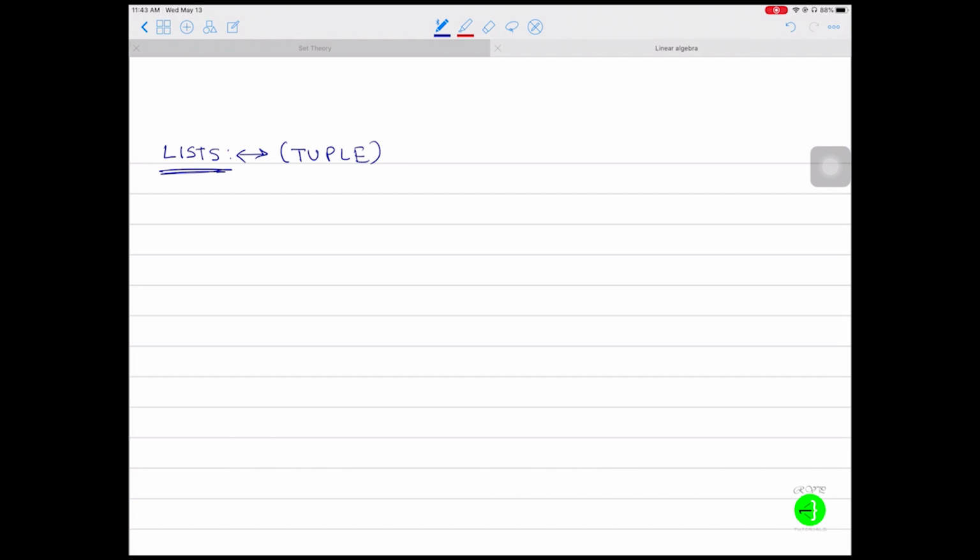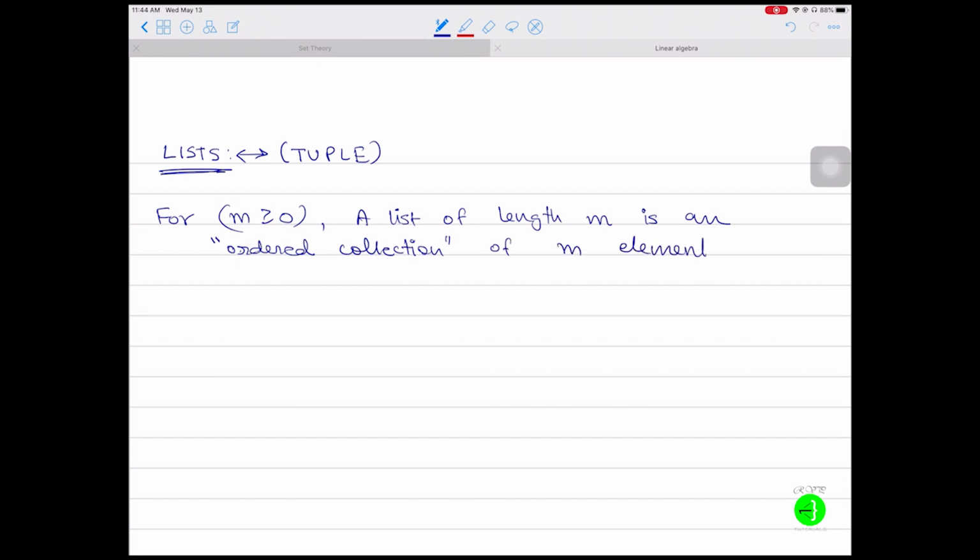So let's define what a list is. For m that is a non-negative number, a list of length m is an, and I'm writing in inverted quotes, "ordered collection" of m elements.